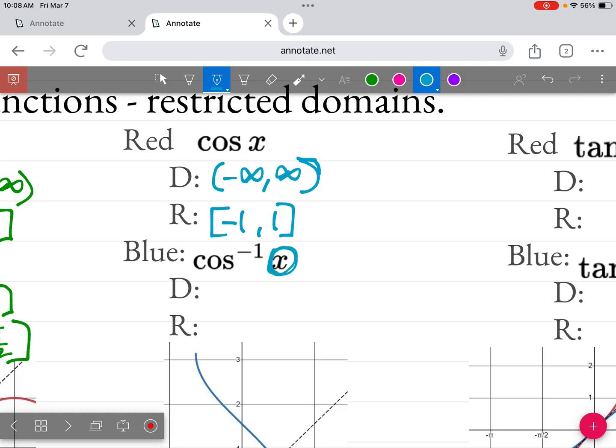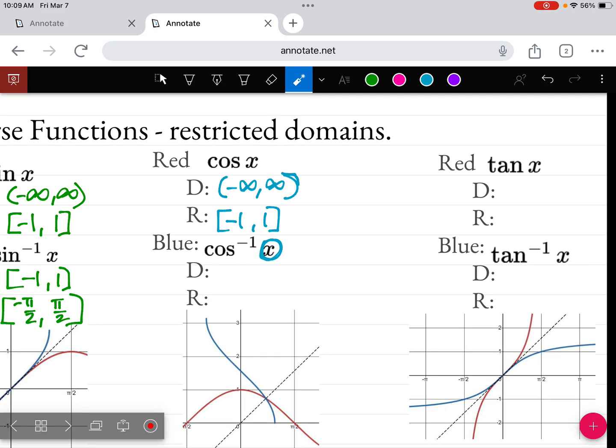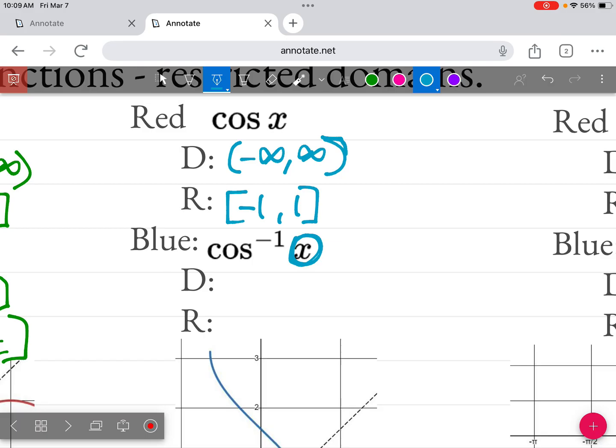What numbers can be here? Think about what was matching. What was the y becomes the x. Our domain is going to be from -1 to 1.